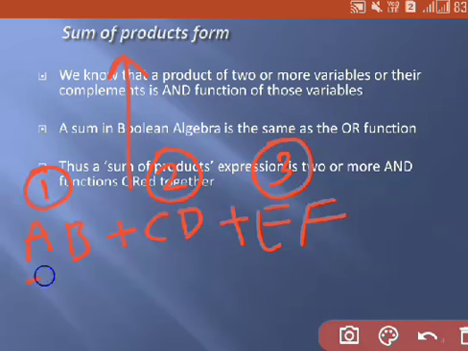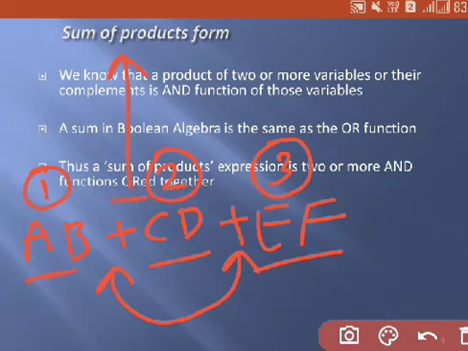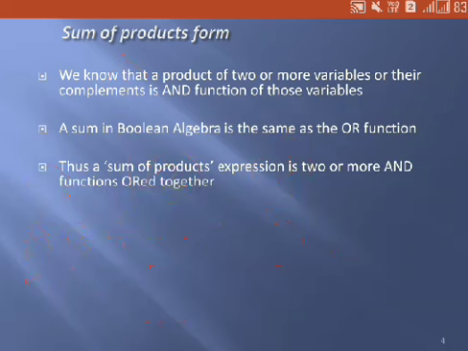You are having different product terms, and you are summing or ORing them together. All these AND functions are ORed together. That is the meaning of sum of products form.